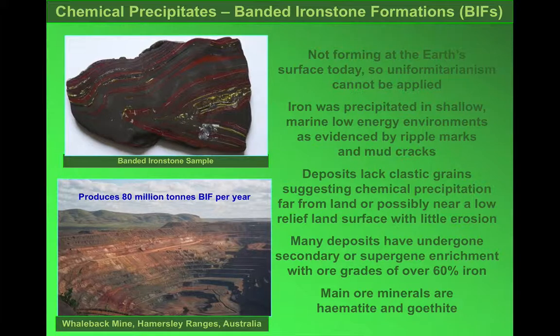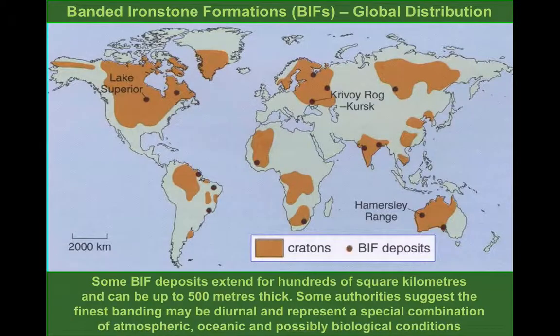There can as well have been some secondary enrichment of this, increasing the grade of iron, with many of these deposits being over 60% iron. Often this mineral is hematite. Can also be some other iron minerals in there, for example, goethite.